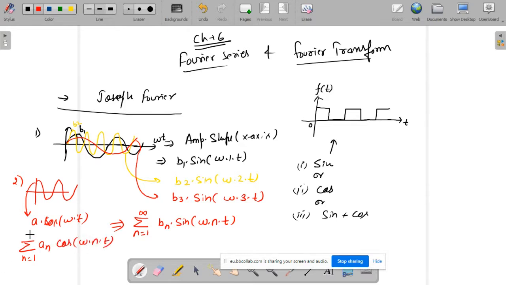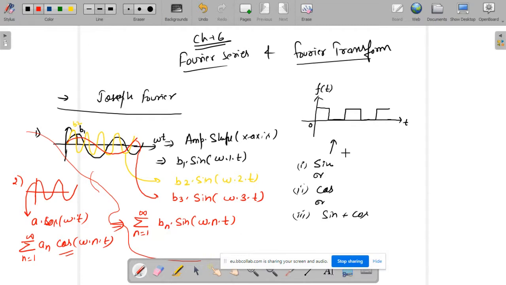So we write here 1 million, or you can write infinity. So this shows a combination of many sine signals, and this shows a combination of many cos signals. Remember these two equations.